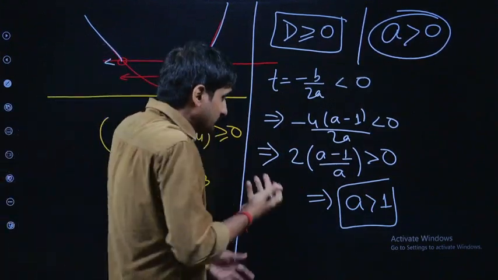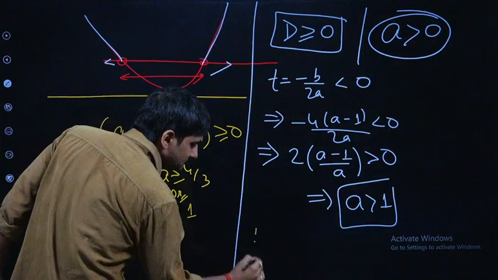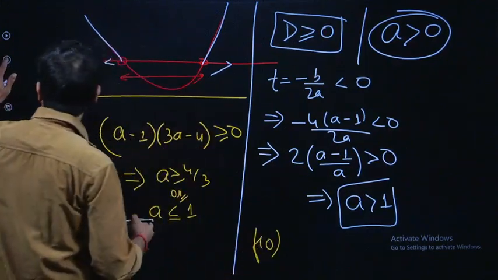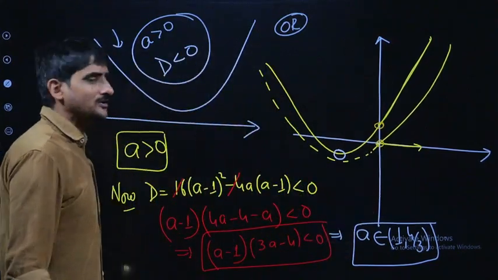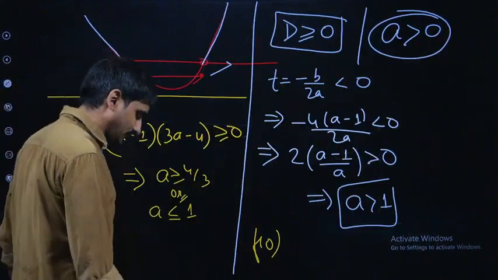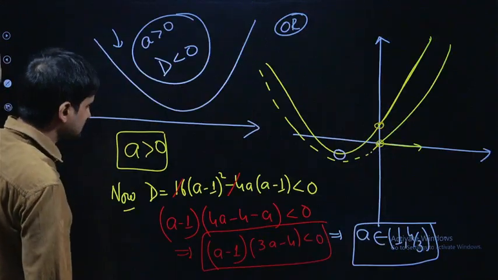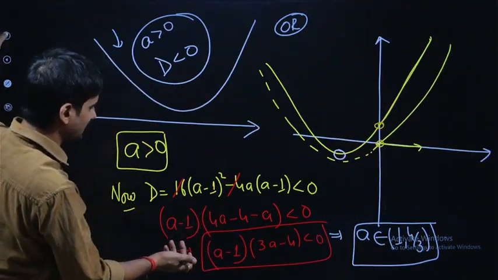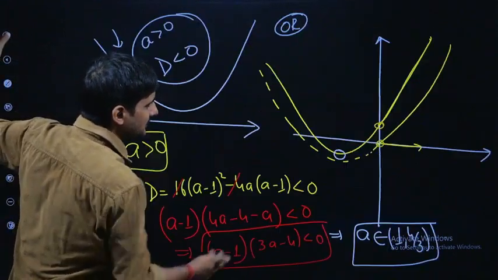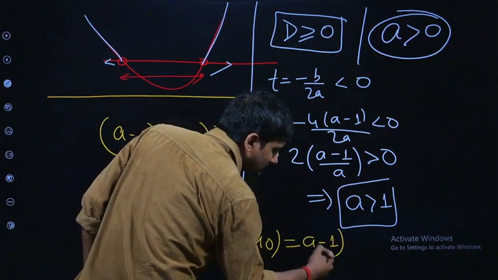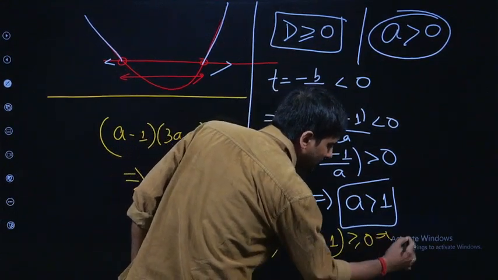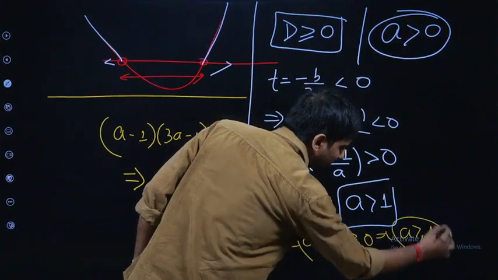And f of 0, for this situation, should be greater than or equal to 0. If we replace t by 0 here, f of 0 is a minus 1. So a minus 1 should be greater than or equal to 0, so a should be greater than or equal to 1.